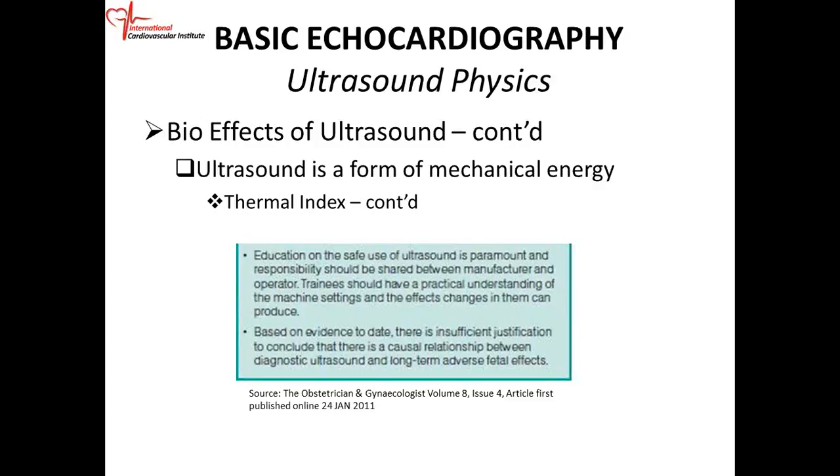Sometimes these artifacts can look like a mass or thrombus in the heart, and you have to know what maneuver to perform to determine whether this is a true structure or an artifact.